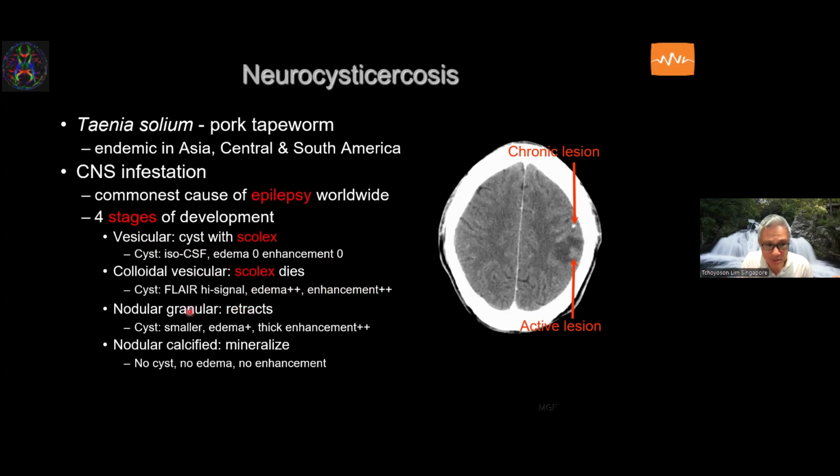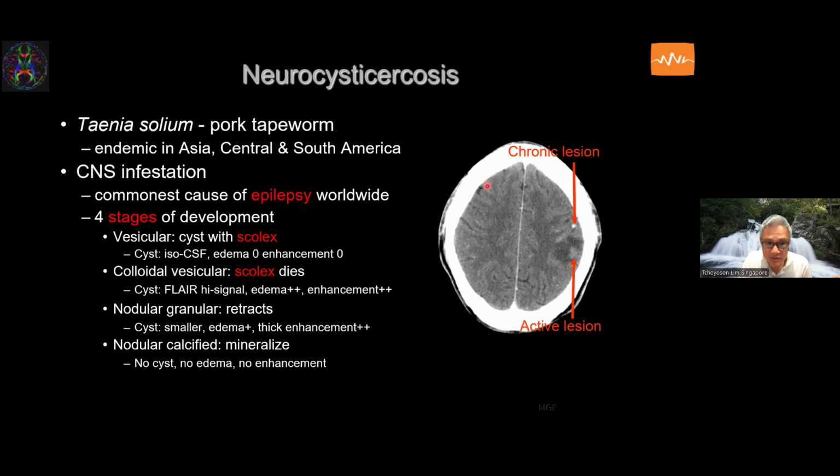It retracts and becomes nodular granular with decreasing vasogenic edema and blood-brain barrier breakdown, finally mineralizing into a calcified, inactive chronic lesion such as this.